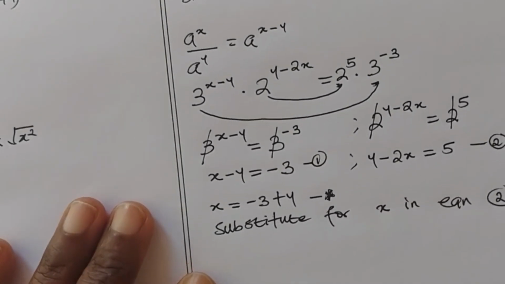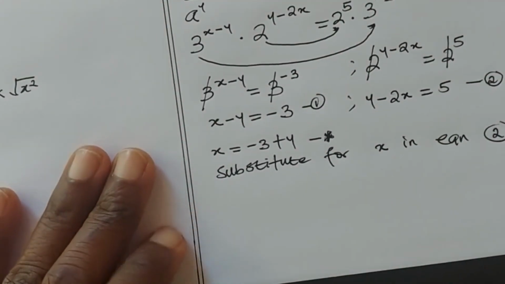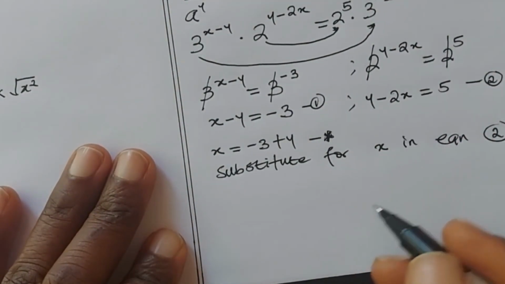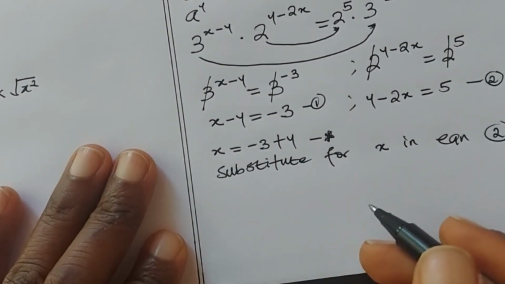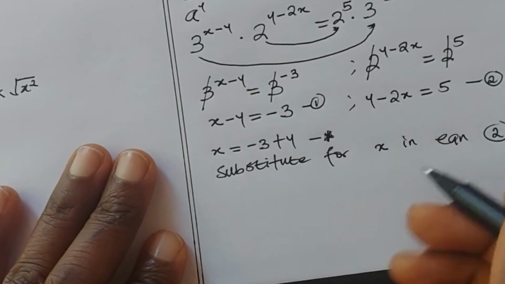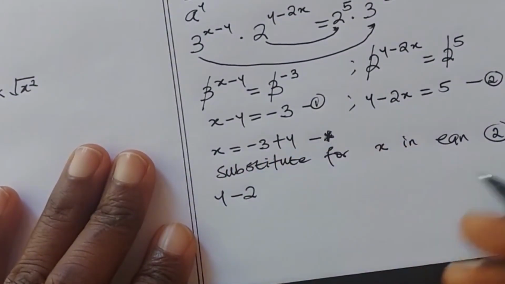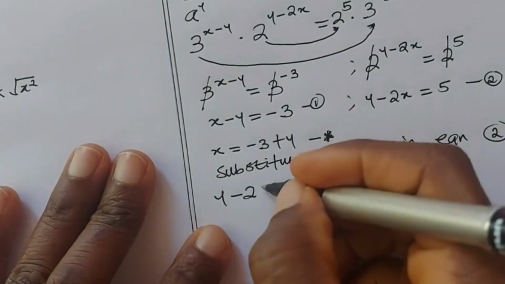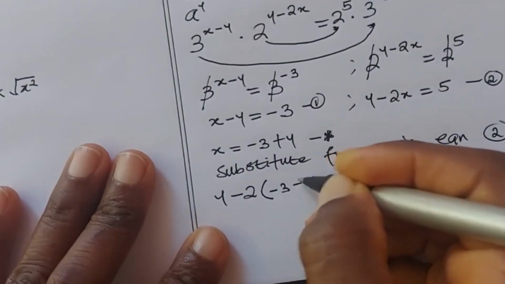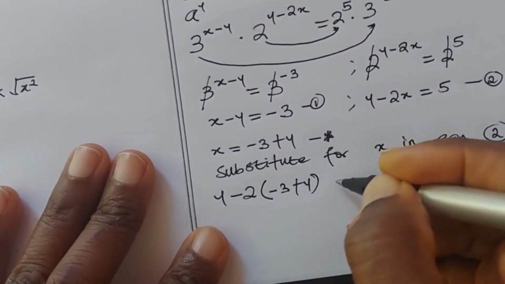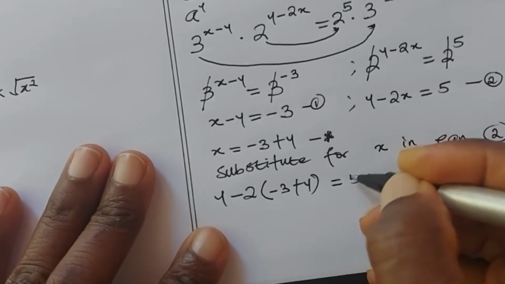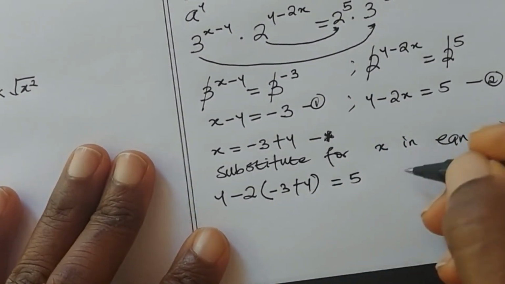If you do that, that makes your work very, very easy. So meaning I'm going to be having y, your y is still y. So y minus 2x, but your x now is minus 3 plus y, so minus 3 plus y is equal to what? 5. So I can keep on like that.